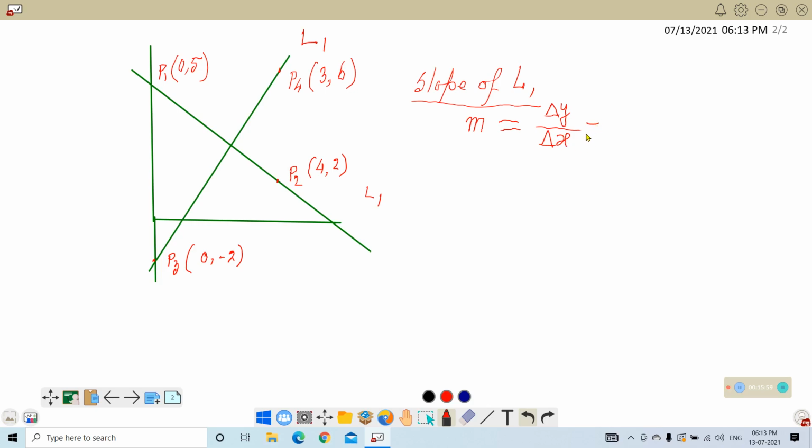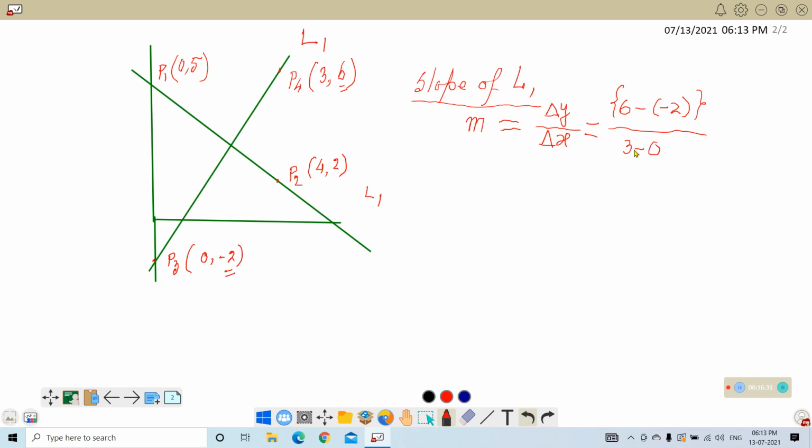So if you calculate the value of M for L1, it is 6 minus 2. This is 6, y2, and this is y1. 6 minus 2. Okay. And delta x is equal to 3 minus 0.